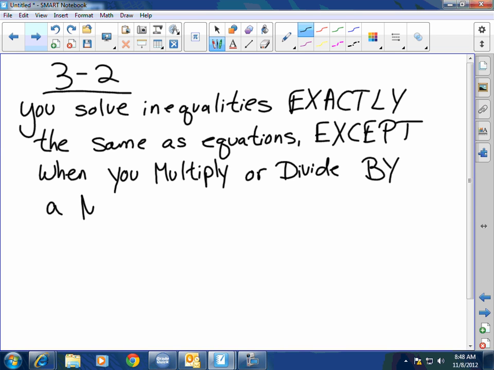Not to a negative, but by a negative. And we're going to get to that in a little bit. Right now, we're just going to be solving one-step equations using addition and subtraction.